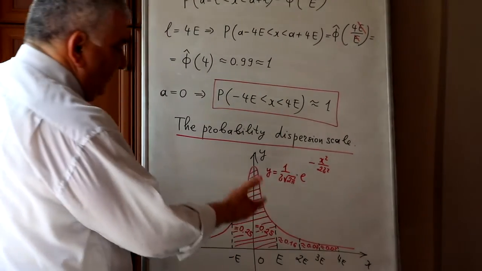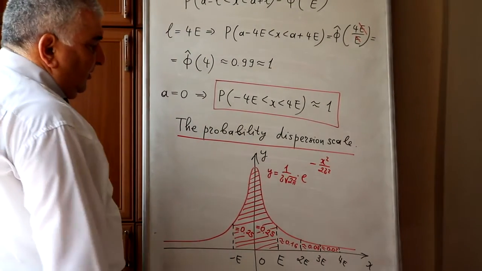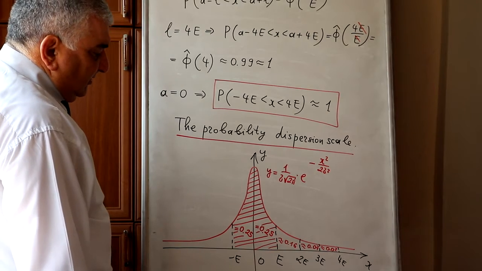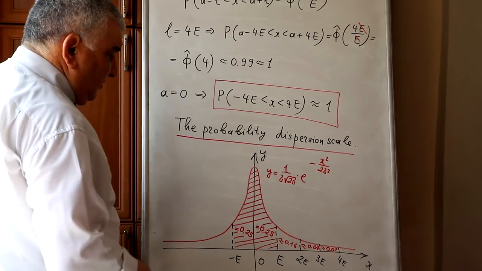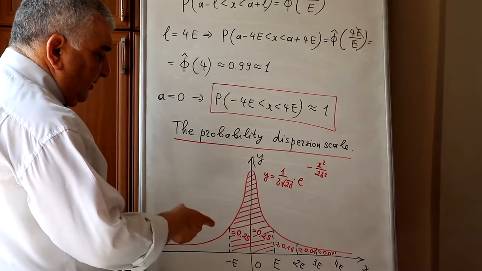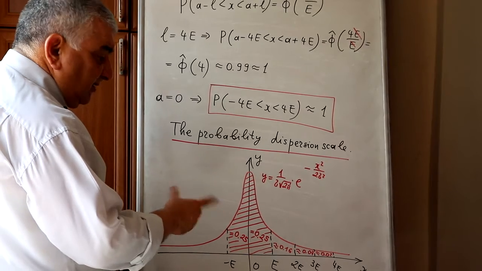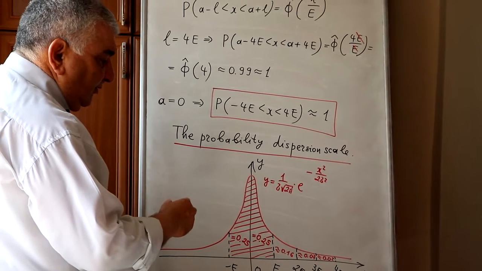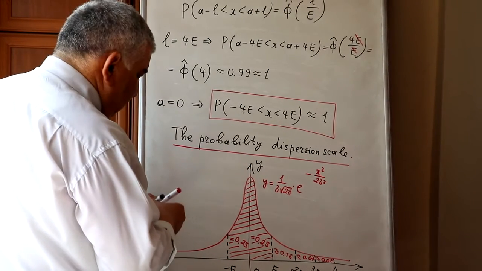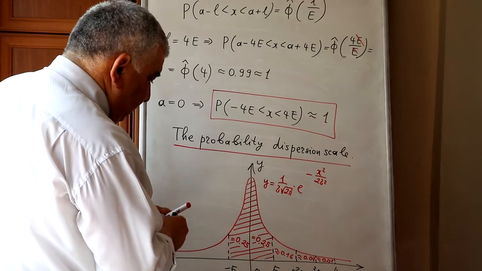And our graph is symmetric with respect to the y-axis, therefore the corresponding symmetric probabilities will be identical ones.